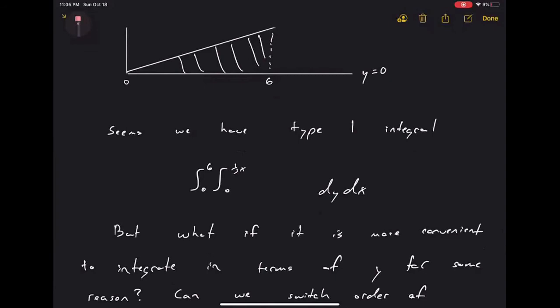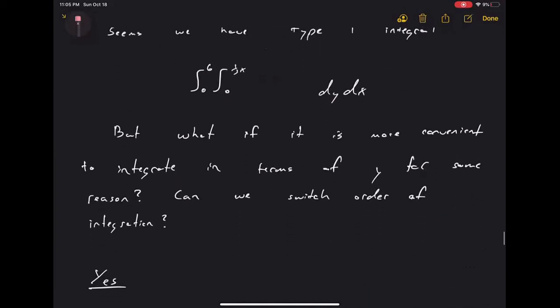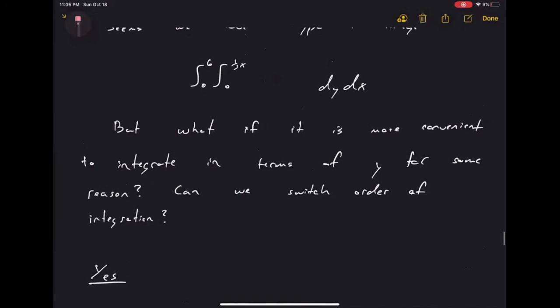So maybe we think, hey, this would be easier if I integrate in terms of x first. We'd like to be able to switch in between. So what if it's more convenient to integrate in terms of x first? How can I switch the order of integration here?